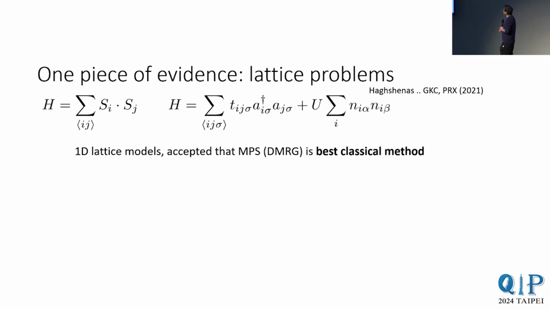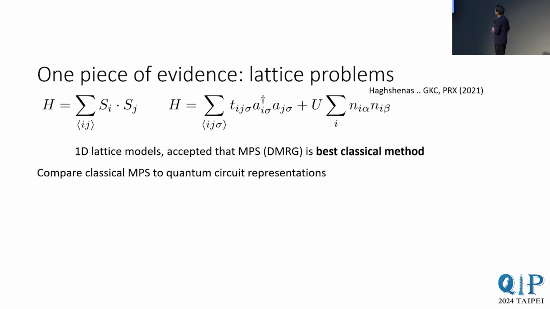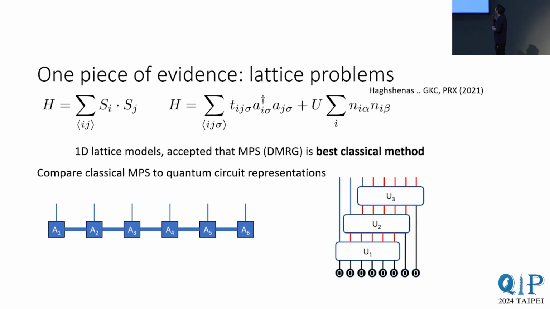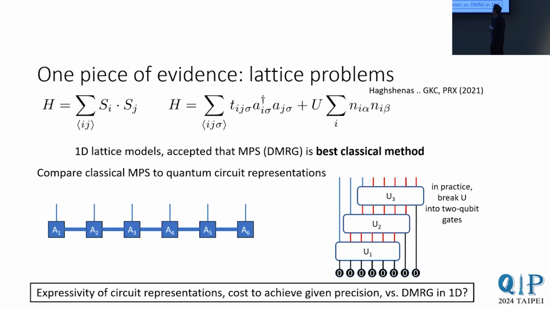What we tried to do in this work was compare the classical matrix product state description to representations of the ground state using a variational quantum circuit. We considered a variety of different quantum circuit architectures. The questions we wanted to understand are, first, are these circuits more expressive than the classical description?